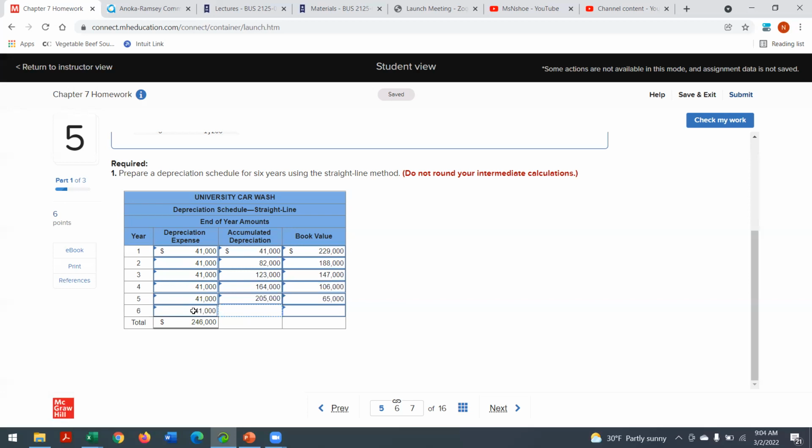So in the accumulated depreciation, are you adding 41,000 each year to the number before? Exactly. That is the accumulated depreciation we've taken over its life. Times 6, 246 here. $24,000.